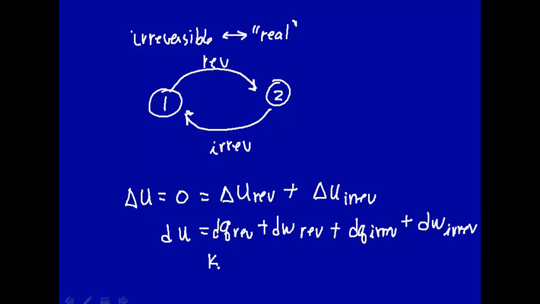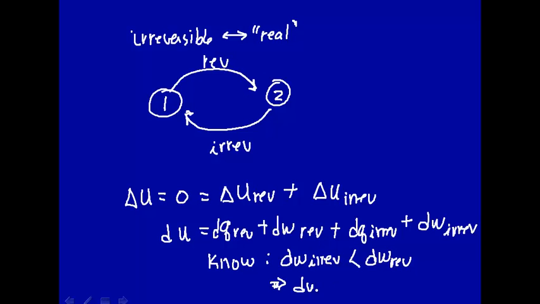Now we know from everyday experience, or from our Carnot engine or PV expansion and so on, I want to make the general statement that dW irreversible, the amount of work you can get out from an irreversible process, is always less than dW for a reversible process. In other words, the most work you can get out is by going through a reversible process. Any work you get out from an irreversible process is less than that. Or in other words, irreversible corresponds to real.